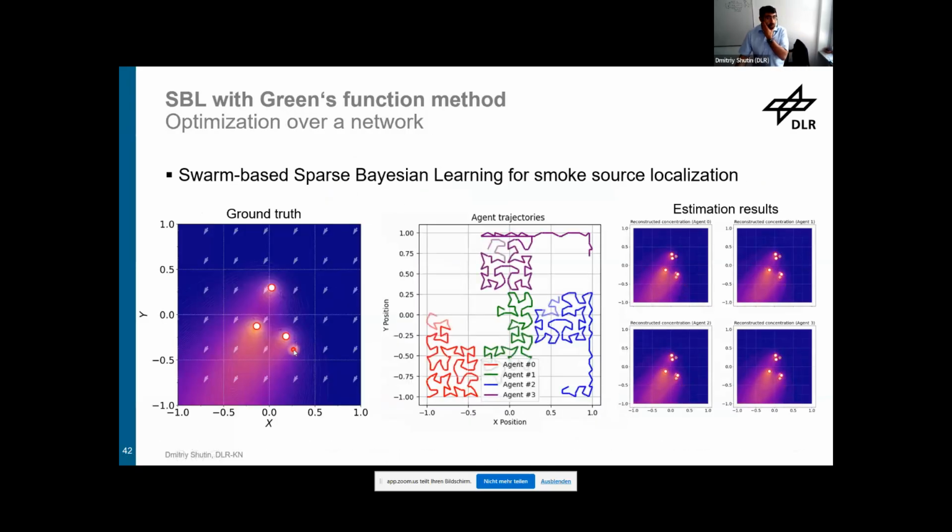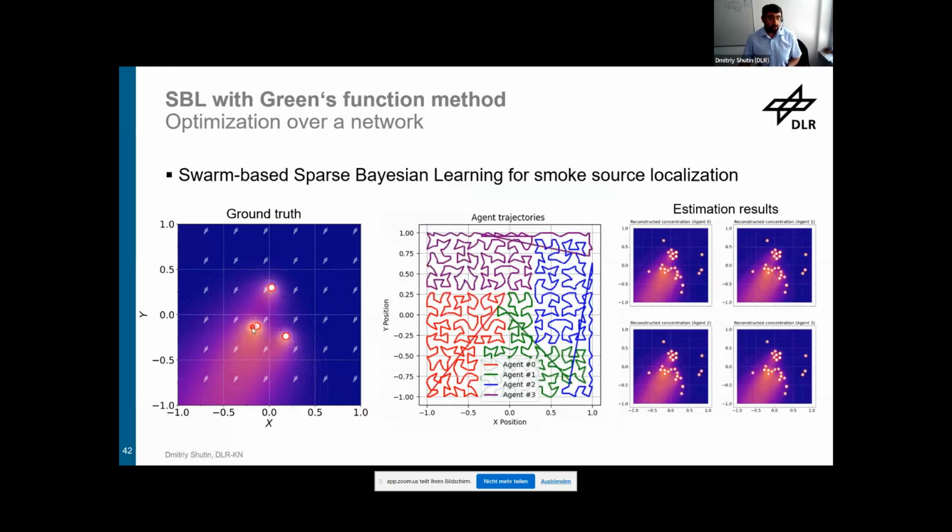So let me show how this optimization is solved in a distributed fashion. What you see here are three sources. We have a fixed wind going in one particular direction, and we have 4 agents covering the whole domain that we are exploring.